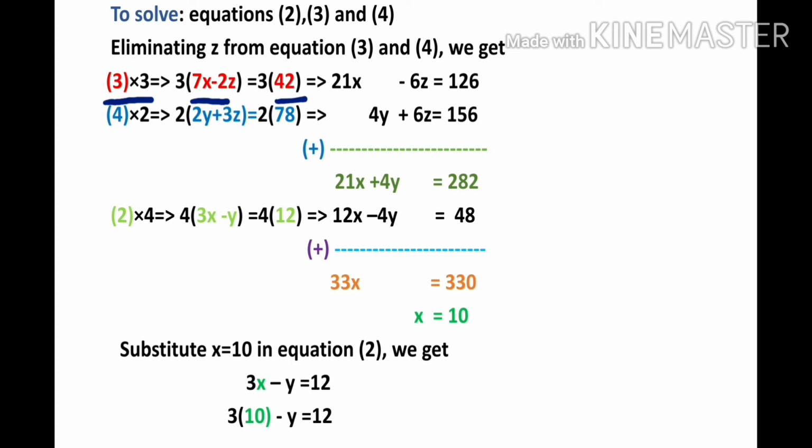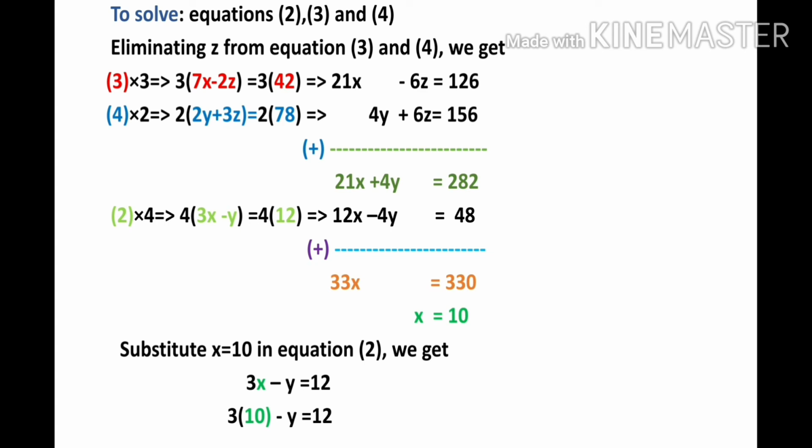Multiply this equation by 3 on both sides. We get 3 sevens are 21x, then minus 6z, so 21x minus 6z is equal to 3 into 42, 126.